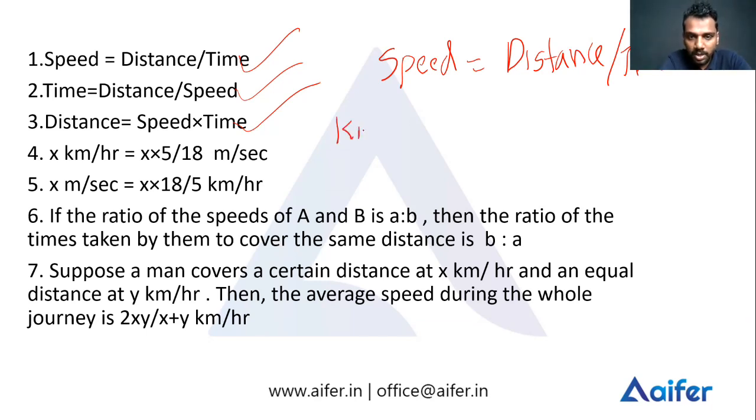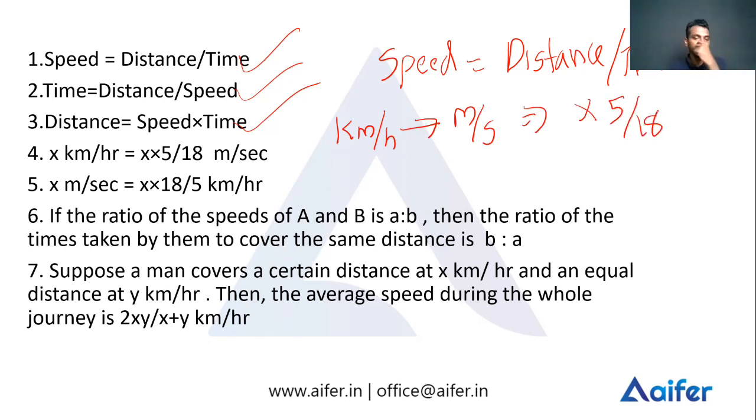To convert kilometer per hour to meter per second, multiply by 5 by 18.